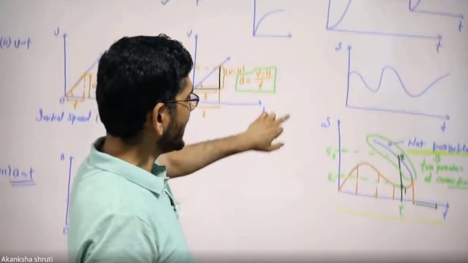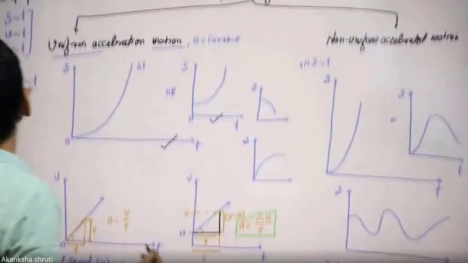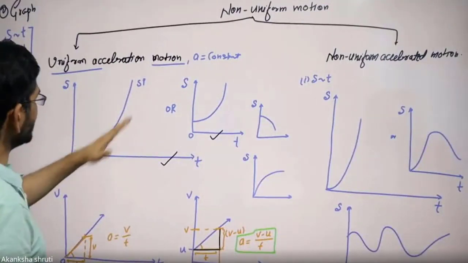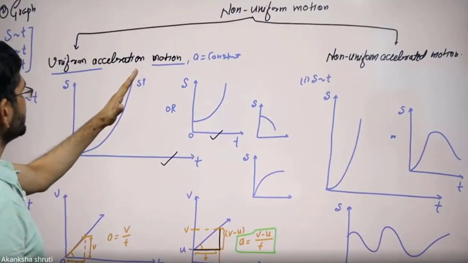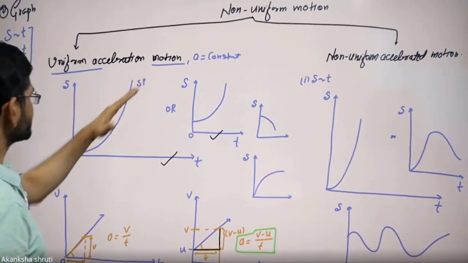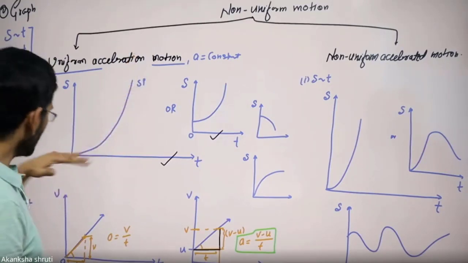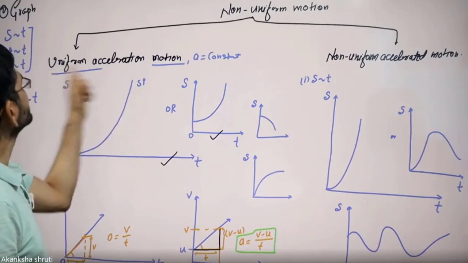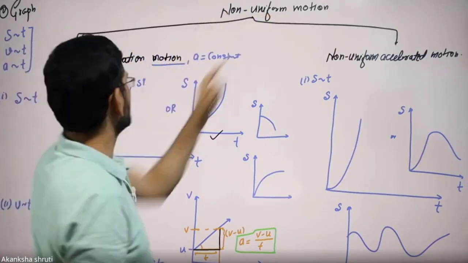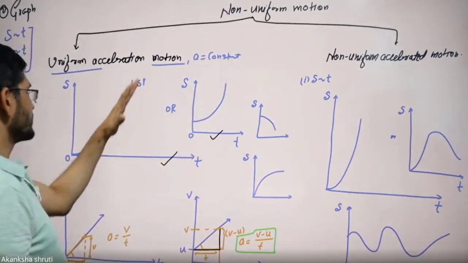So, students, considering the distance-time graph, for uniform motion it was a straight inclined line. For non-uniform motion it is a curve, but with uniformly accelerated motion it is slowly increasing.